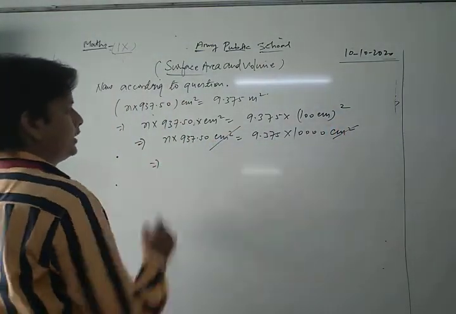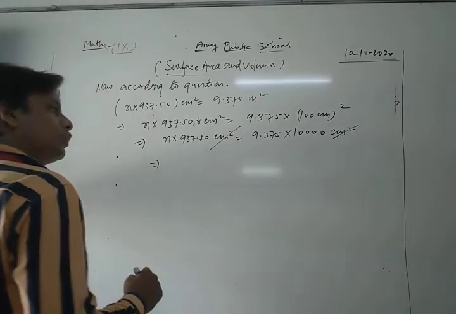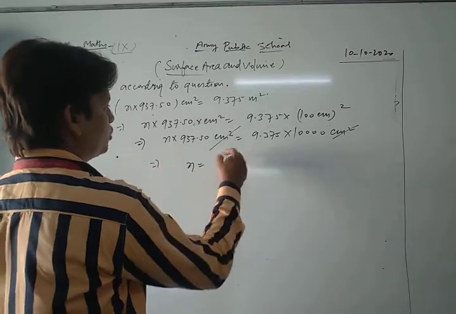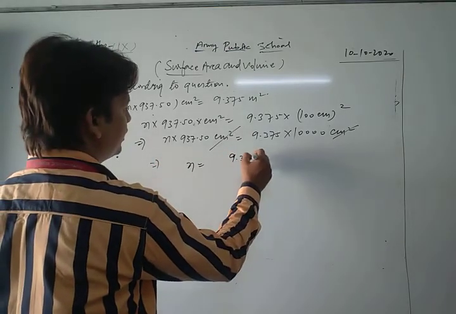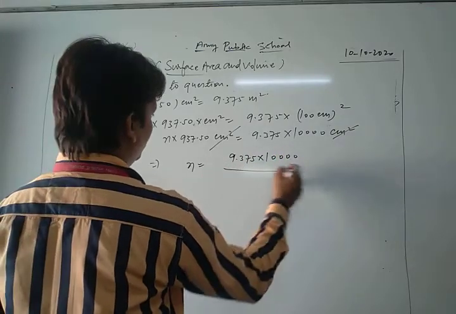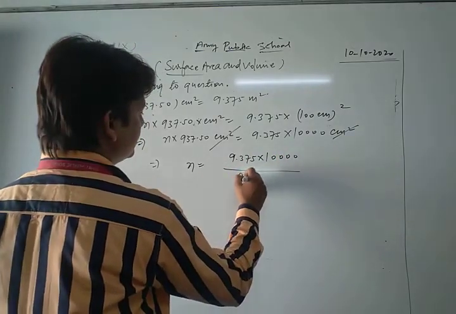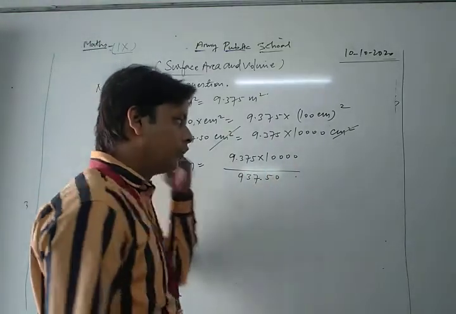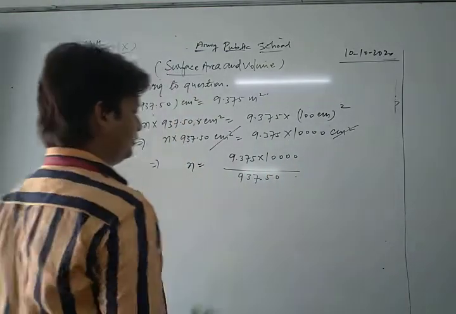Now we get the required number of bricks. The required number of bricks n is equal to 9.375 into 1 upon 937.50. Okay. Now we simplify them, dear students. Let's see.